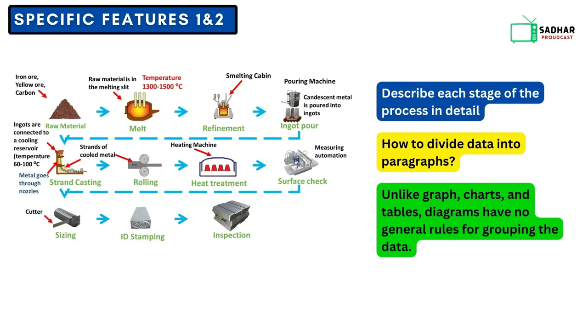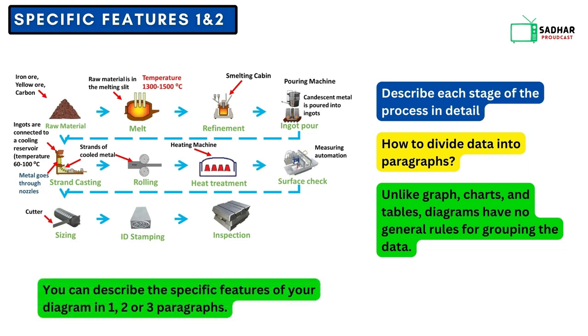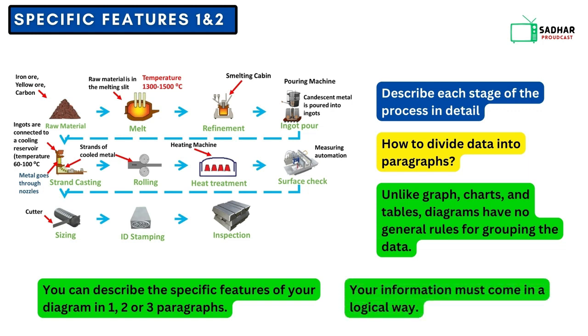So there aren't any general rules for grouping the data in the diagram. So you can describe the specific features of your diagram in 1, 2, or 3 paragraphs. Your information must come in a logical way.